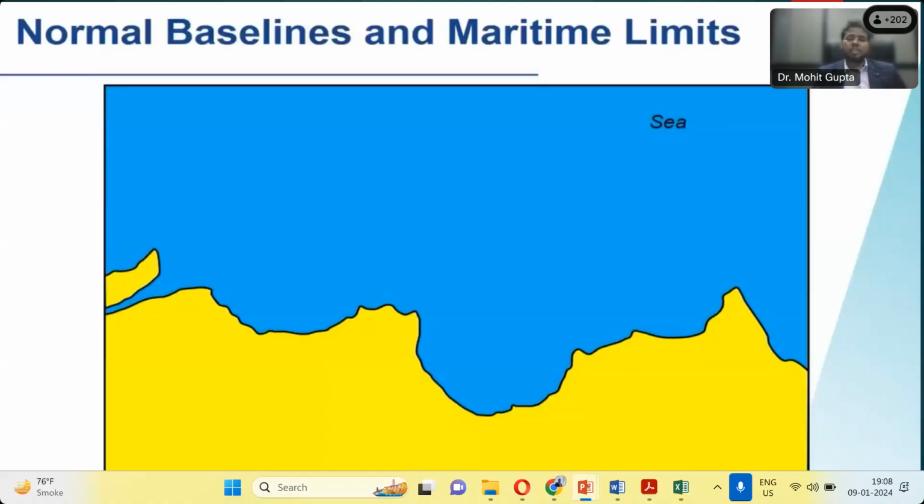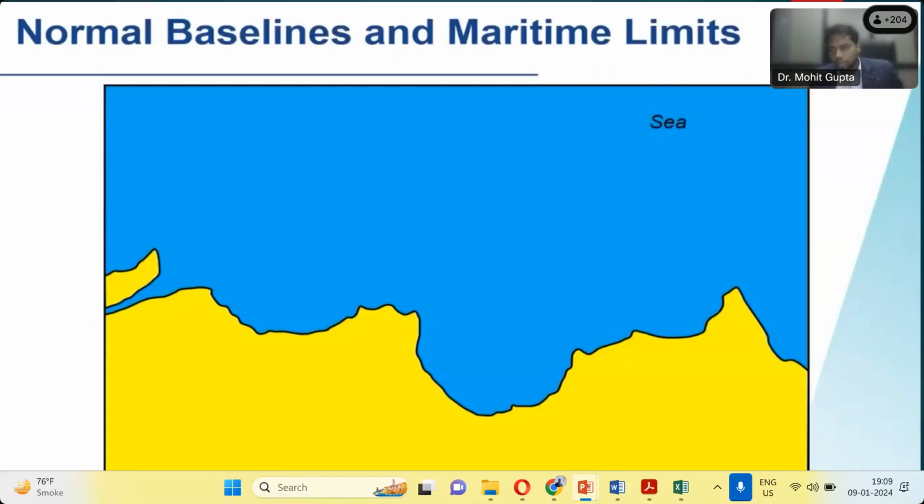Apart from this, one more important thing is that students can also be told about how those baselines are calculated. Of course, the Law of the Sea Convention has the rules. Article 5 and Article 7 of the convention talk about how baselines are determined and how maritime zones are calculated.